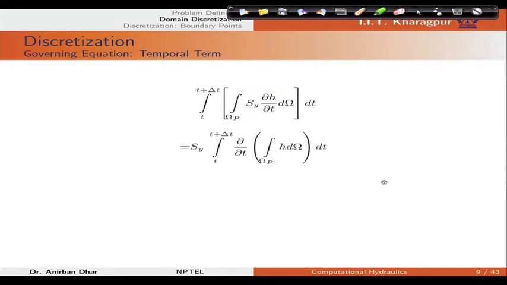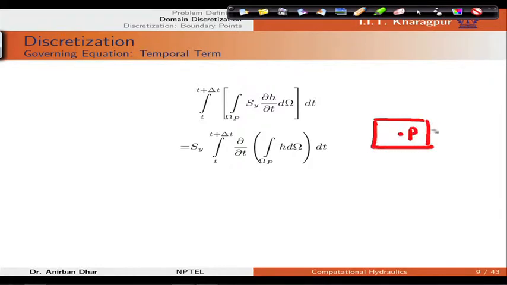If we consider that there is no variation of h within this omega p volume, where omega p is the volume in this case, within this omega p we consider a constant value.